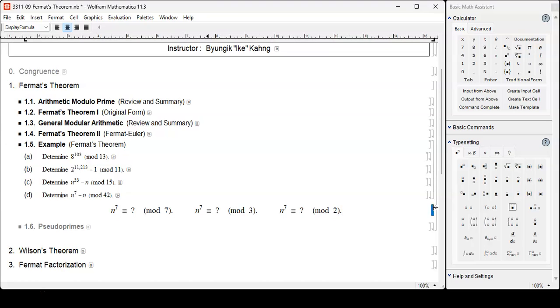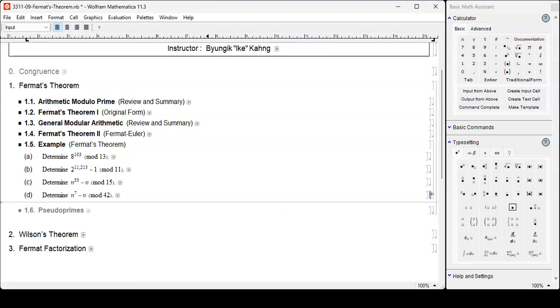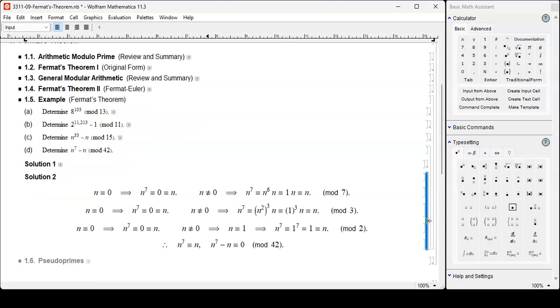Try on your own. Well, did you get something? Well, time's up. Alright, that's mod 7 computation. Mod 7 is congruent to n. Mod 7 has come down to n.